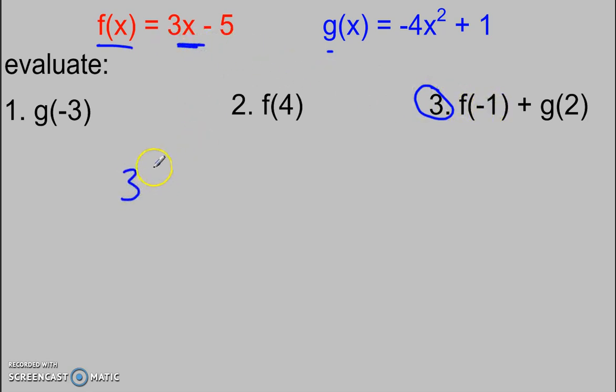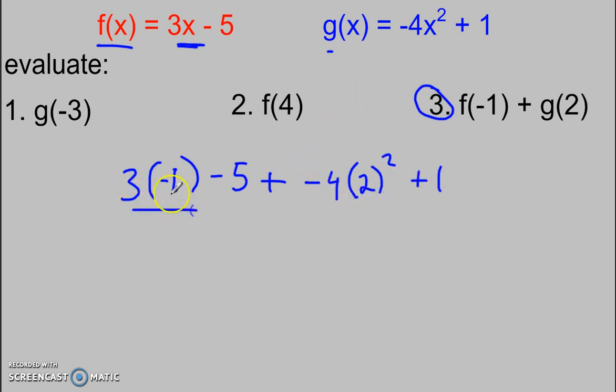That gives me 3 times negative 1 minus 5. This entire expression plus negative 4 times 2 squared plus 1.